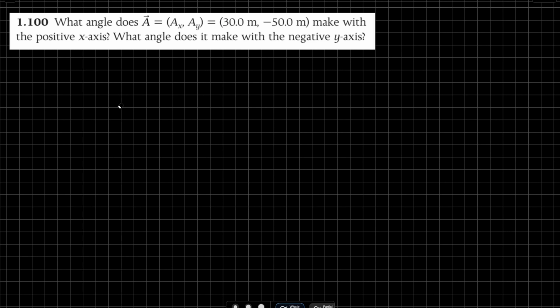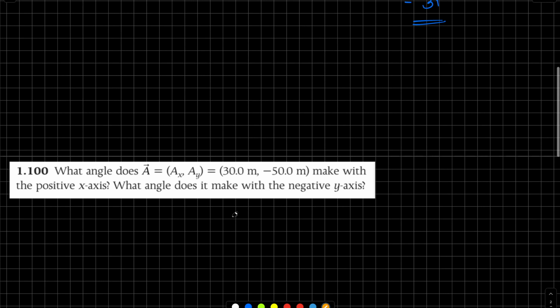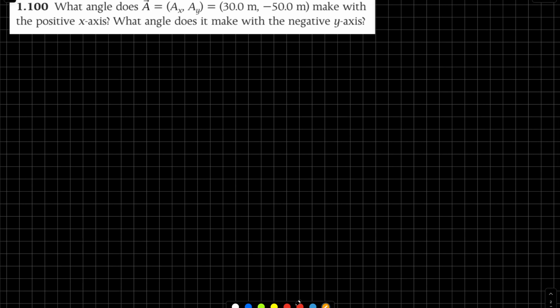Another one. What angle does vector A, which is equal to (30 meters, minus 50 meters), make with the positive x-axis? What angle does it make with the negative y-axis? So again, we have two questions, and I'm going to draw a coordinate system.